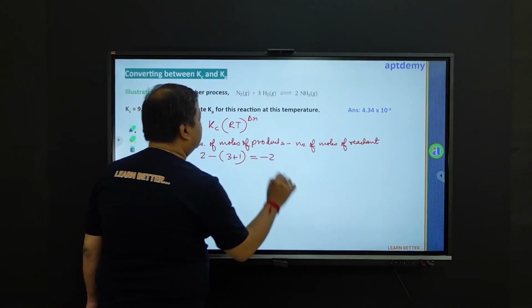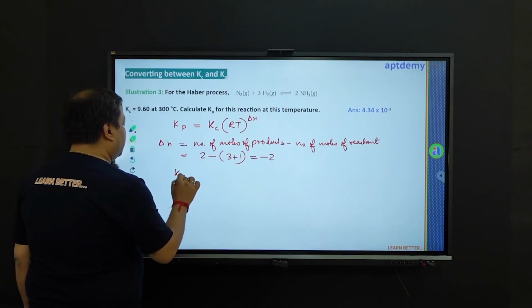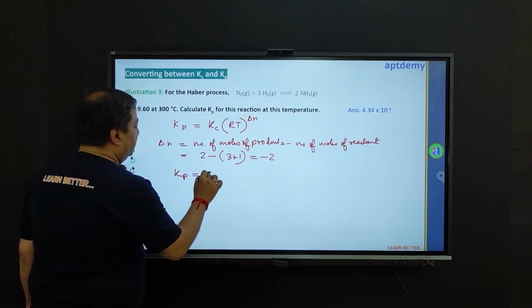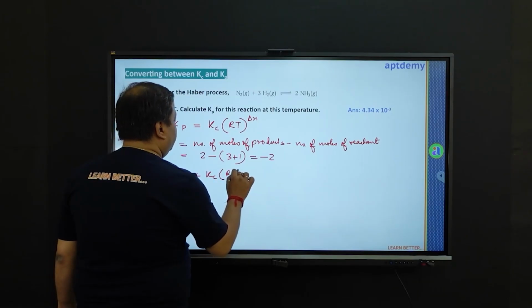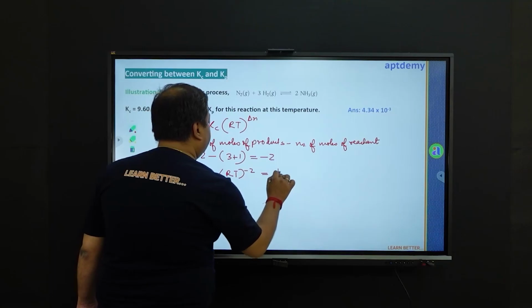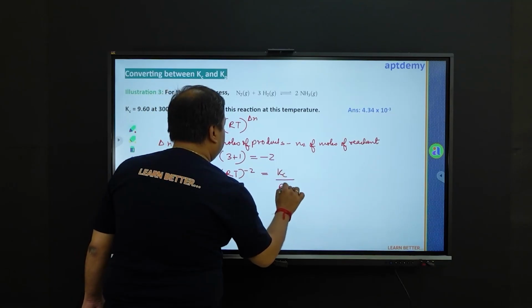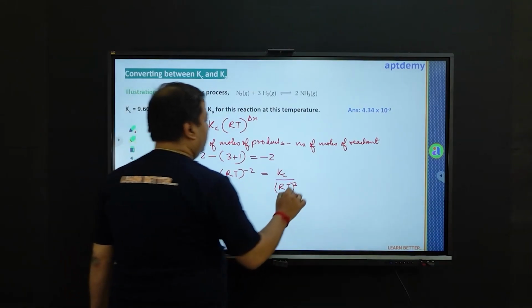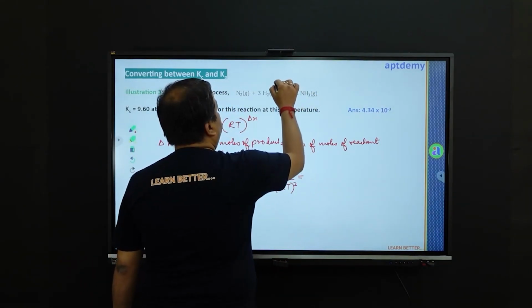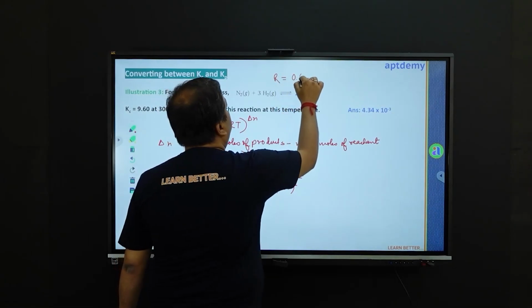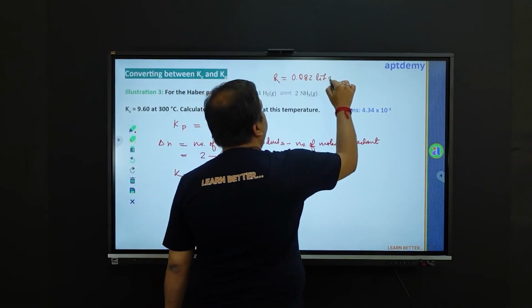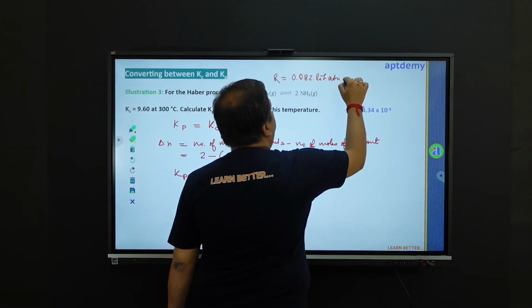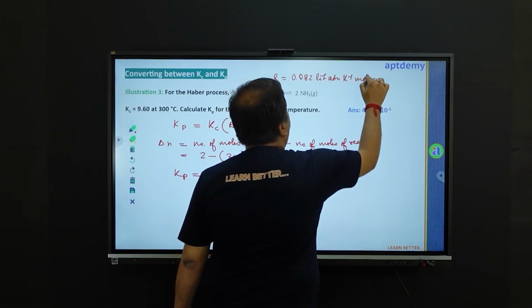So this is coming to be minus 2. So now we will write Kp equals Kc (RT) to the power minus 2, or we can write Kc by (RT) to the power 2. Now we know the R that we will be using over here is going to be 0.082. Since we are calculating Kp, it should be in liter atmosphere per Kelvin per mole.